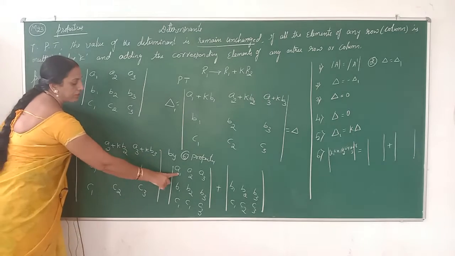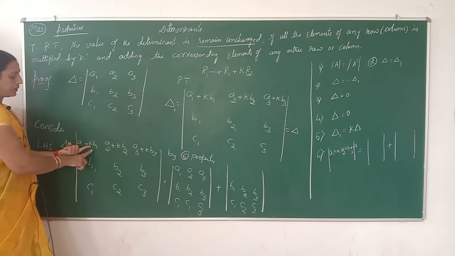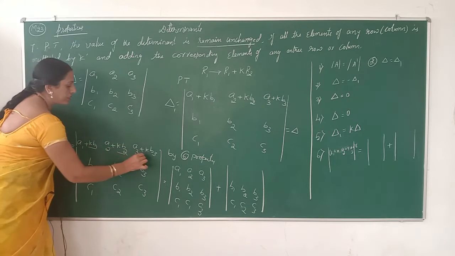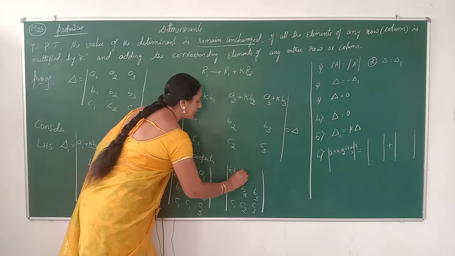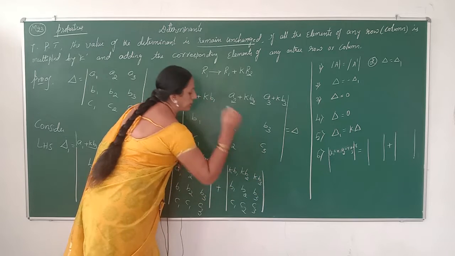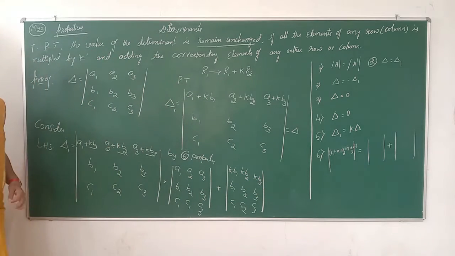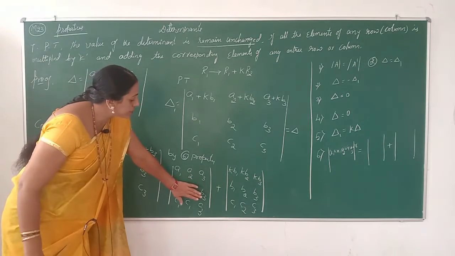In the first determinant the first row is A1, A2, A3. Similarly, the second determinant contains the elements k B1, k B2, k B3.